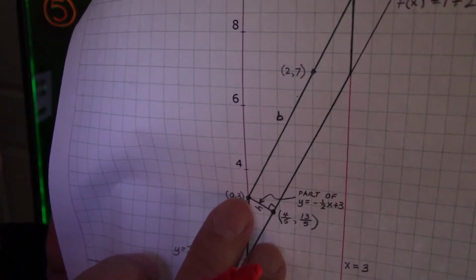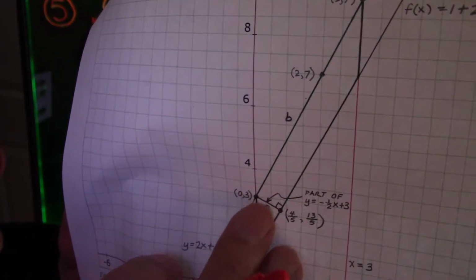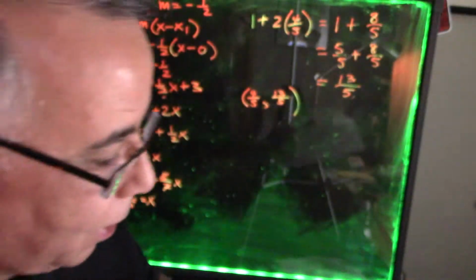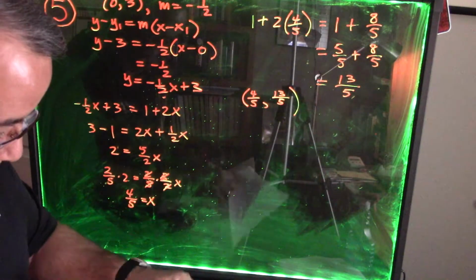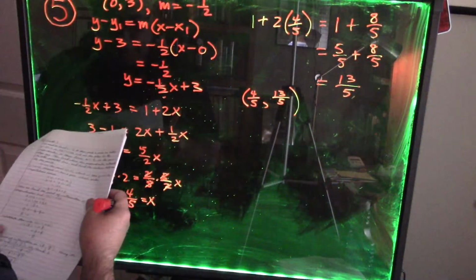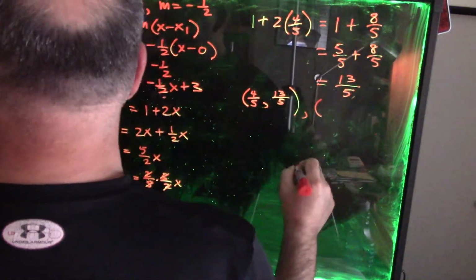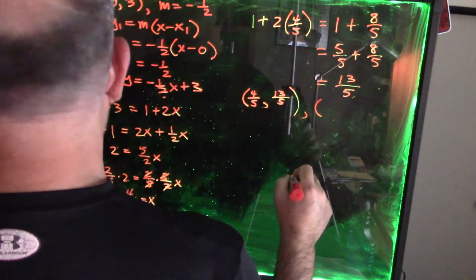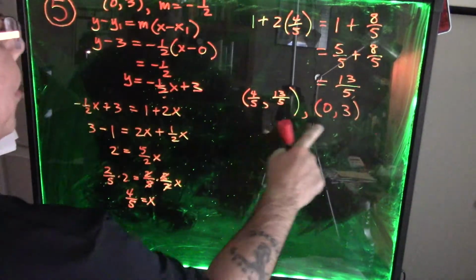We know what that other point is already, and we use the distance formula to get that distance h. So we use that with the point 0, 3. So these 2 points.